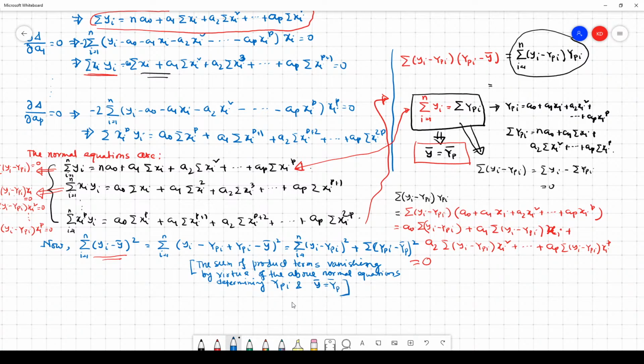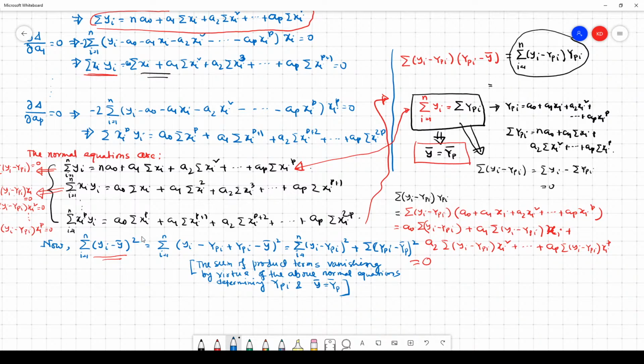Okay, so now we can write this sum of i from 1 to n, yi minus y bar whole square, into 2 sums of squares. One is i from 1 to n, small yi minus capital Ypi whole square, and another is sum of Ypi minus capital Yp bar whole square.